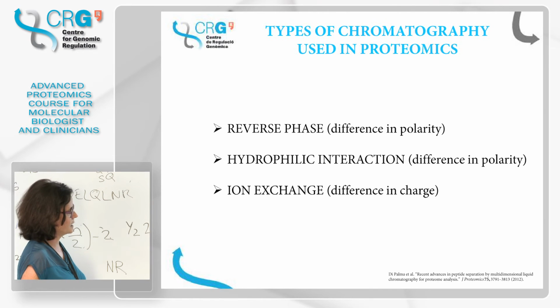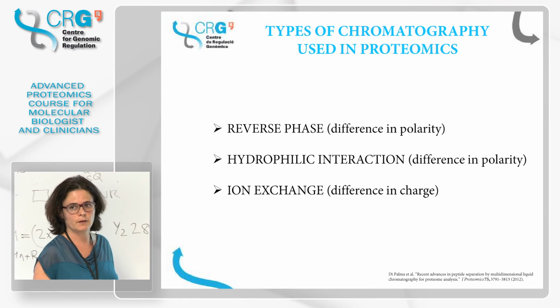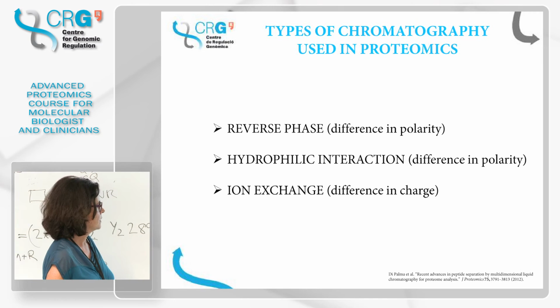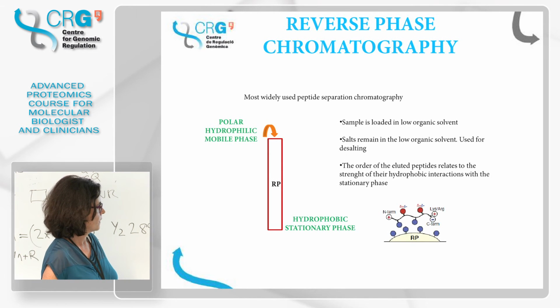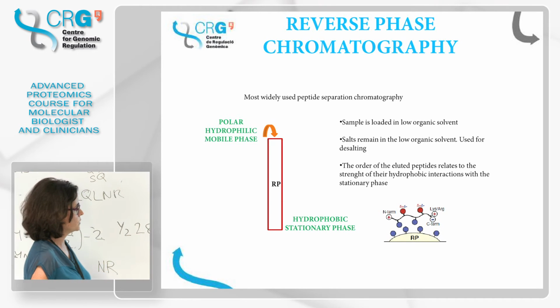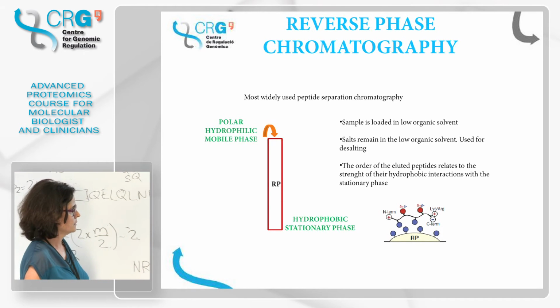Okay, so which types of chromatography can we use in proteomics? As we have been seeing before, reverse phase, also hydrophilic interactions, and also ion exchange. Reverse phase chromatography is the most widely used in proteomics.